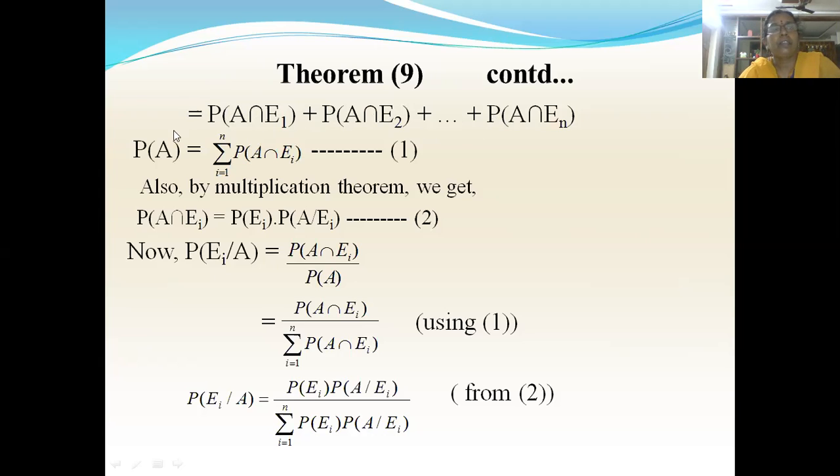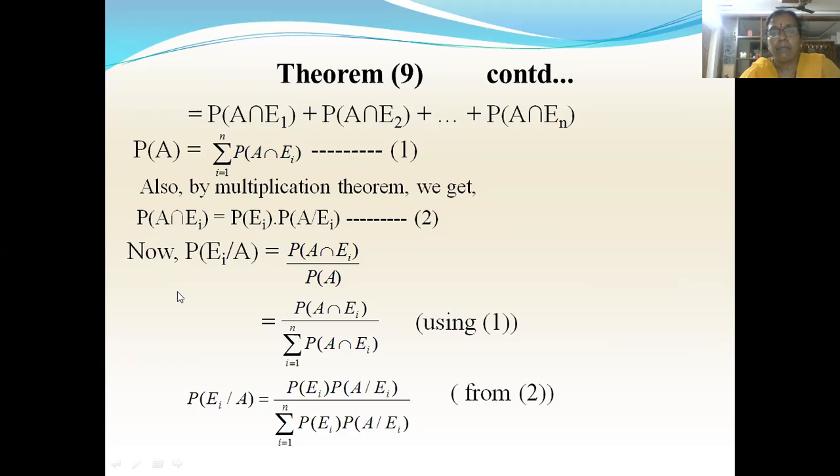This I can write in general as P(A) = summation P(A ∩ Ei), i from 1 to n. This I'm denoting as equation 1. Now also by the multiplication theorem, we have P(A ∩ Ei) = P(Ei) × P(A|Ei). This is equation 2.